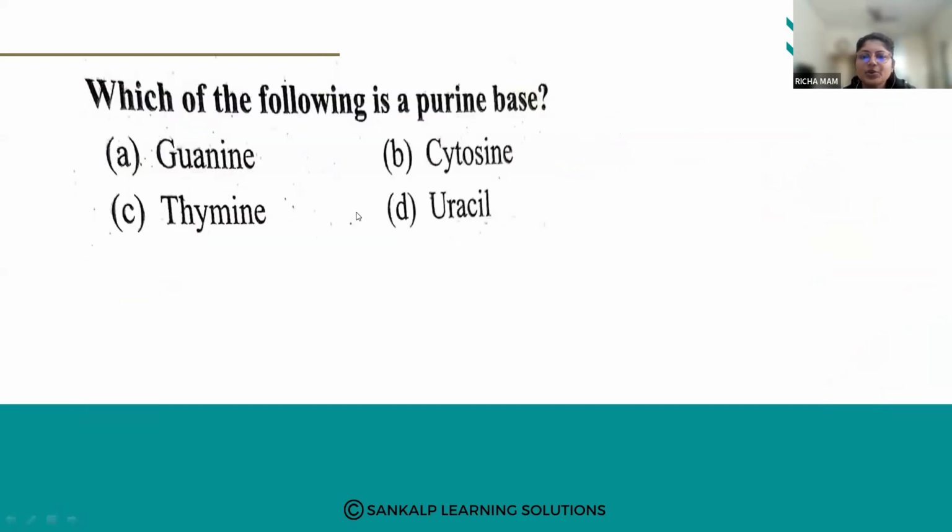Which of the following is a purine base? Guanine, cytosine, thymine, and uracil. You know that there are two types of bases, purine bases and pyrimidine bases.